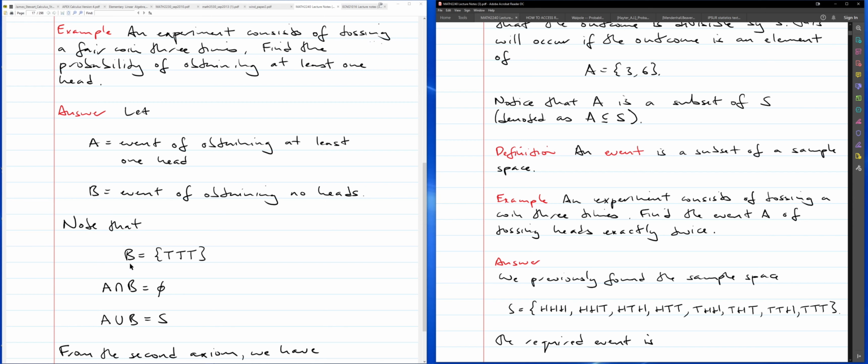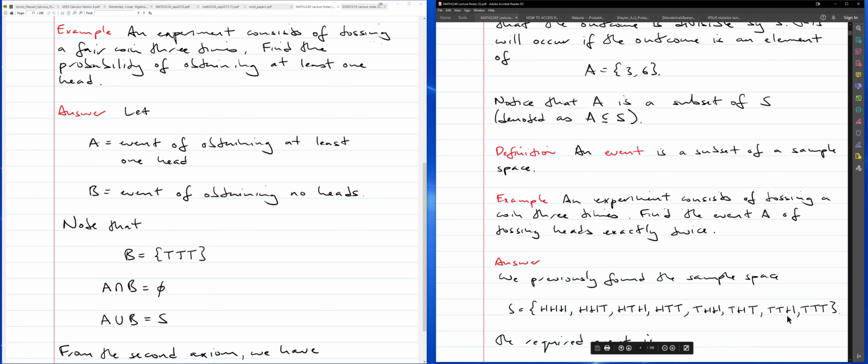Well, how can you check that, right? Well, you can see that A union B is equal to S, right? And then A intersect B is equal to the empty set, right? Or you could really just look over here. This here is B over here. Three tails is B, right? And at least one head is the other seven, right?